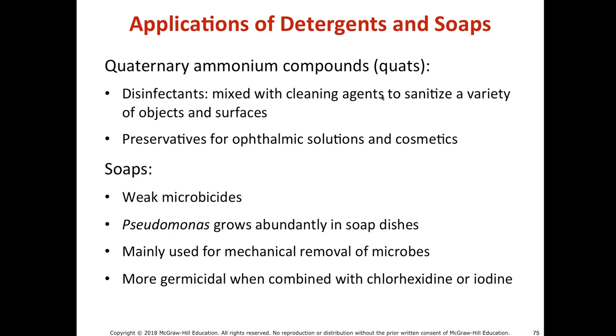But what we mainly are going to use them for is to mechanically remove large amounts of surface soil, greases, and other debris that are going to contain microorganisms. And if we are able to combine it with chlorhexidine or iodine, then it is going to be more germicidal.